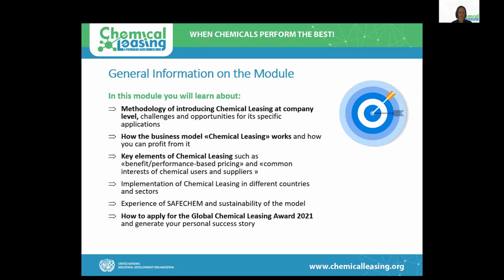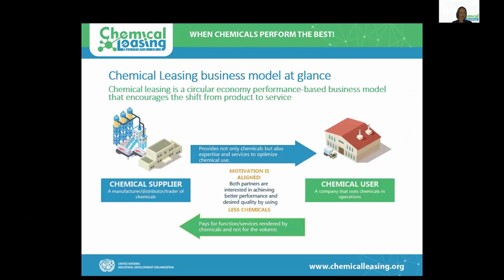Next slide, please. I was asked to give you a quick overview of what chemical leasing is. Chemical leasing is a B2B business model, so there are always at least two partners involved: the chemical supplier and the chemical user.